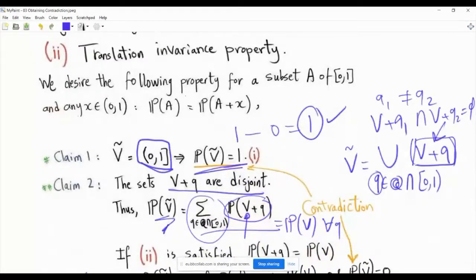You can show that V tilde is 0 to 1 with 0 excluded, and hence it's an interval and its probability should be 1. But also V tilde is a countable union of sets that you can show are disjoint. So the probability of the union should be the sum, and the sets involved are basically translations.